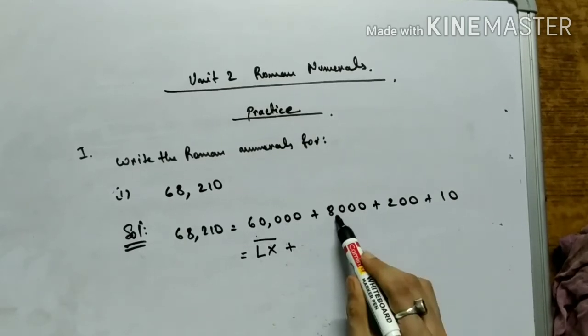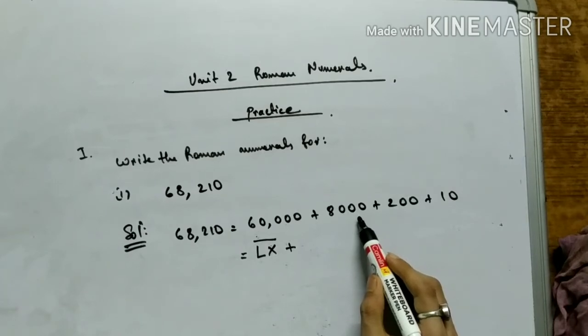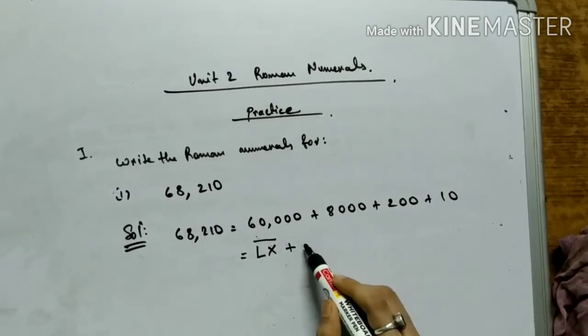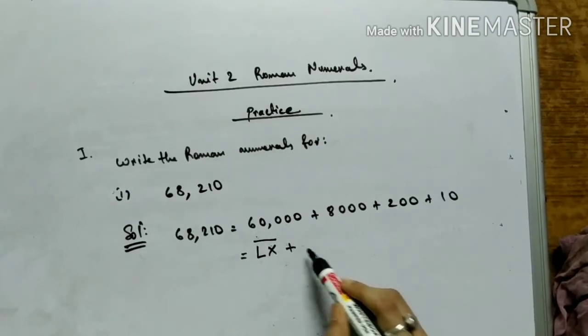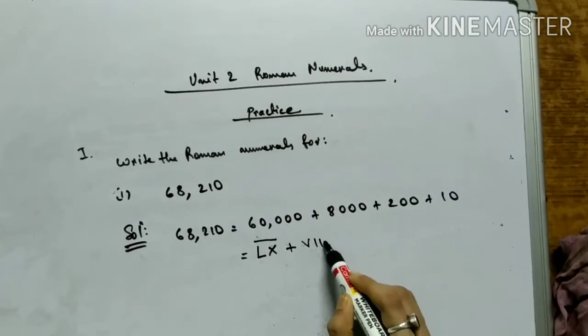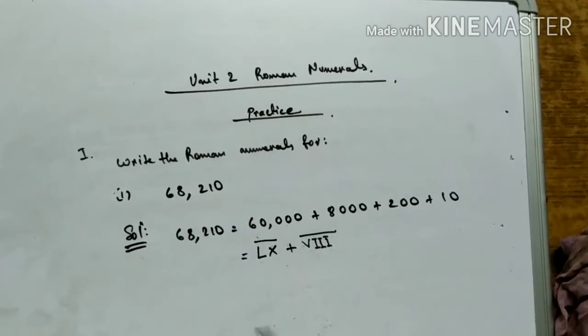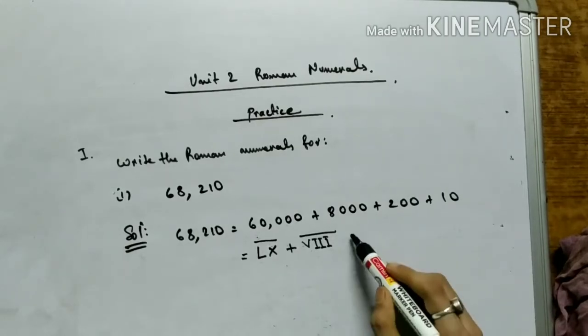Plus 8,000. So 8,000 I can write as VIII. If I give a bar, then this will be 8,000.